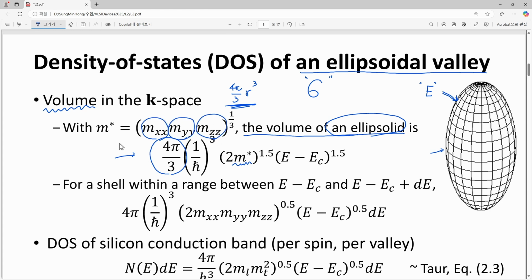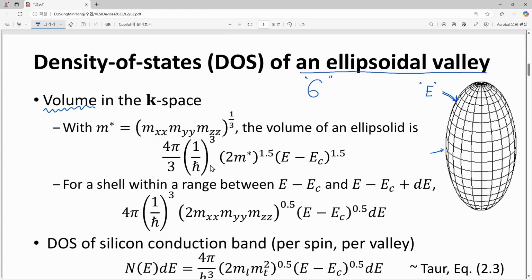By using this effective mass, this ellipsoid, while preserving its volume, can be converted into a sphere. That's the reason why we can just use the expression for a sphere-like shape.